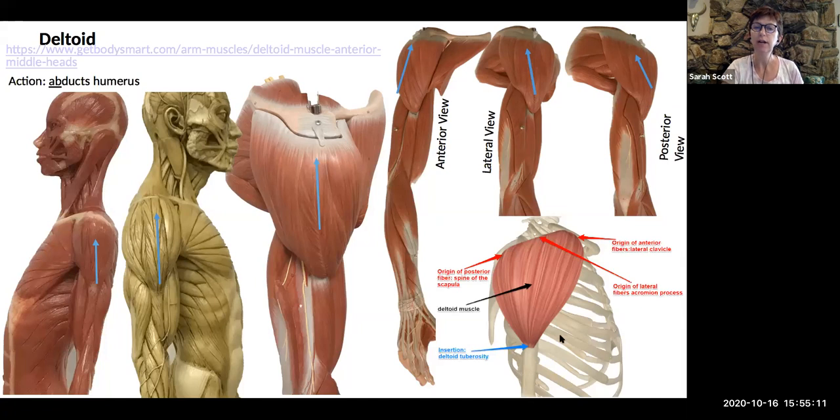And even though it has multiple origins around these surfaces, notice it's got a fairly narrow insertion. That was the deltoid tuberosity that we saw on the humerus. So we're going to focus on its action of abducting the humerus. If you lift the arm away, moving the arm away from the midline, that is going to be abduction.